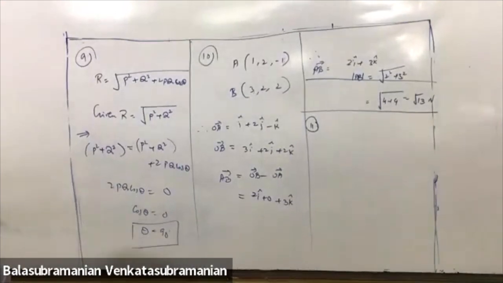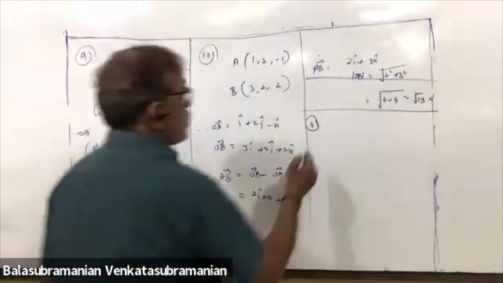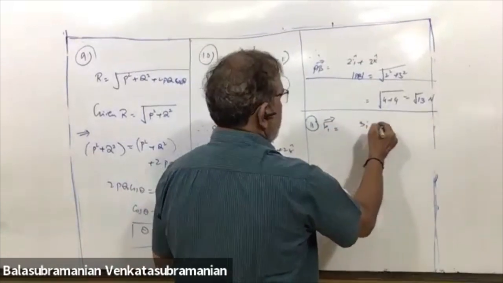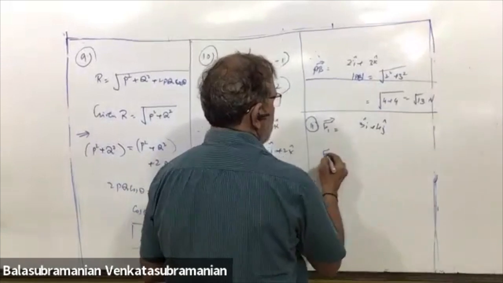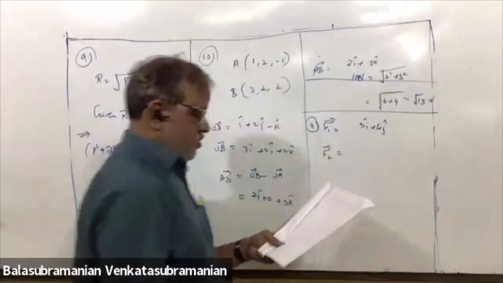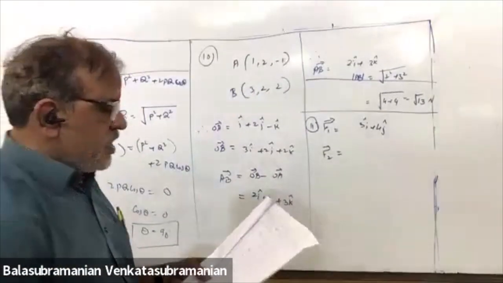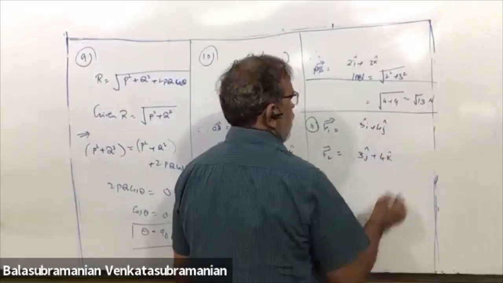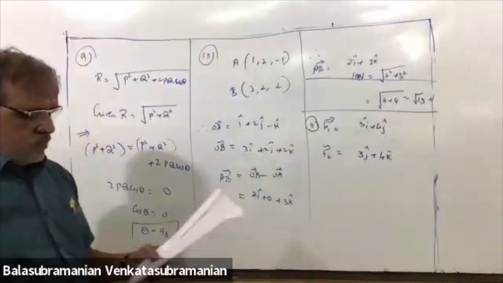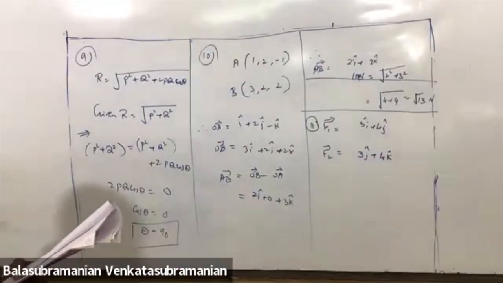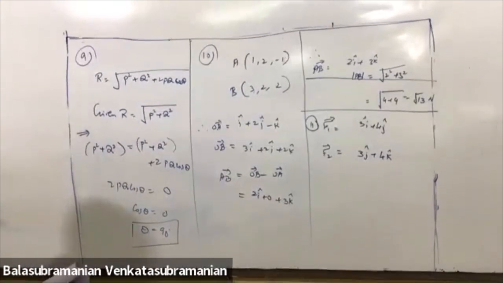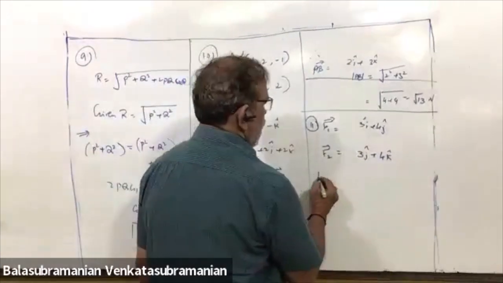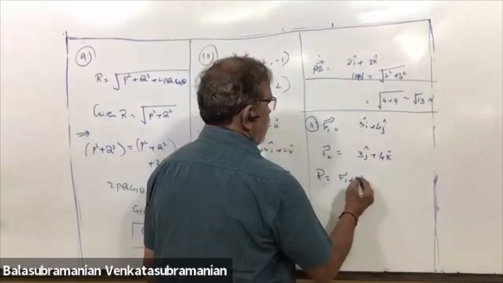Two forces F1, 3i plus 4j, F2, 3j plus 4k. What is the magnitude of the resultant? R is equal to F1 plus F2.